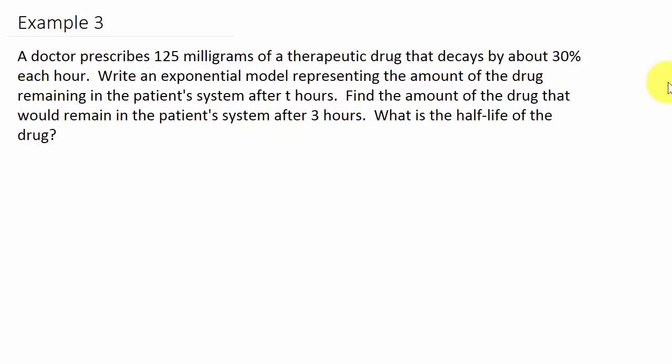Find the amount of the drug that would remain in the patient's system after 3 hours, and what is the half-life of the drug. Alright, so let's start answering the first part of the question.